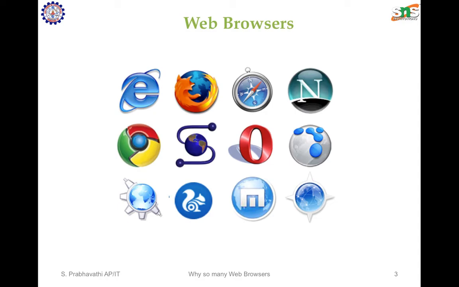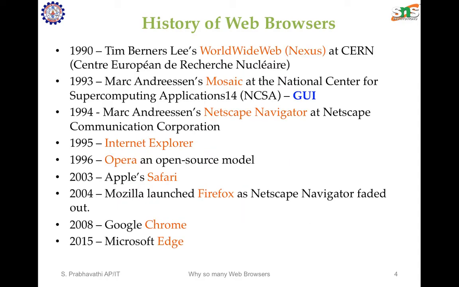Okay, with this little knowledge on web browsers, let's see the history of web browsers. In 1990, Tim Berners-Lee developed the World Wide Web at the Centre European Research for Nuclear, translated in French as CERN.